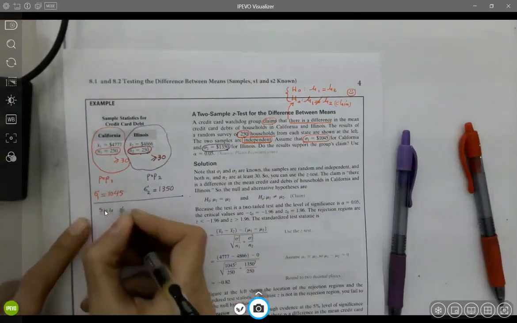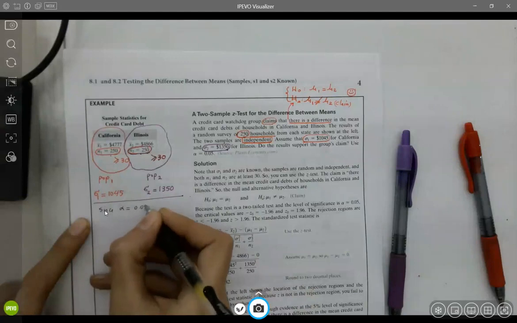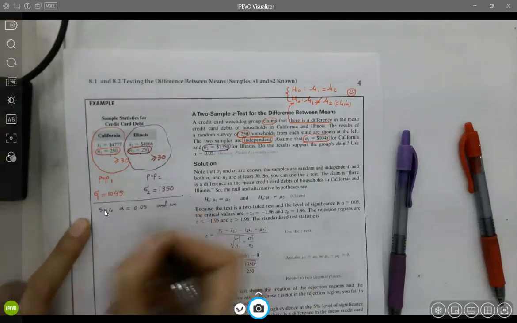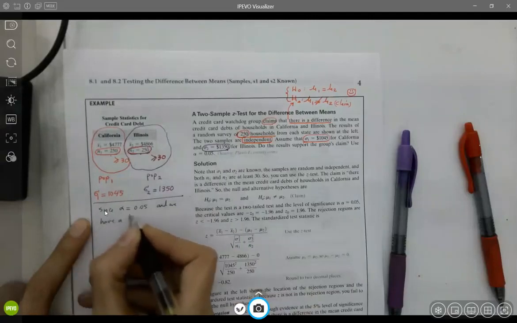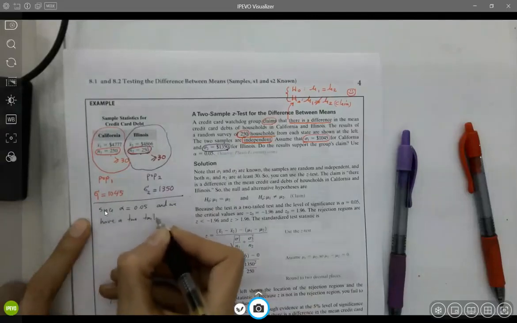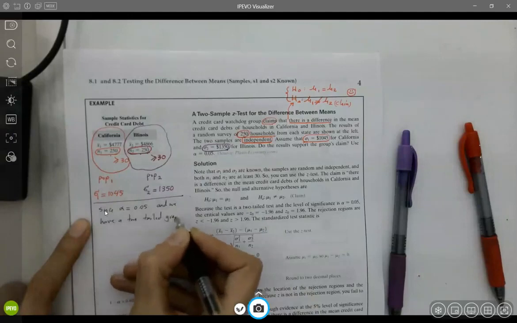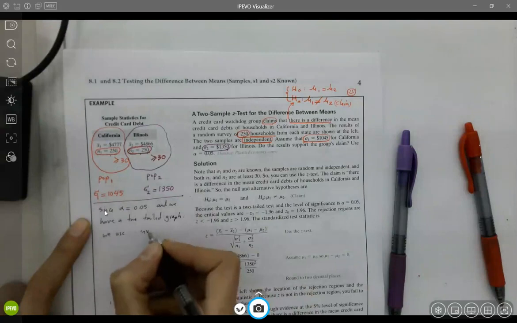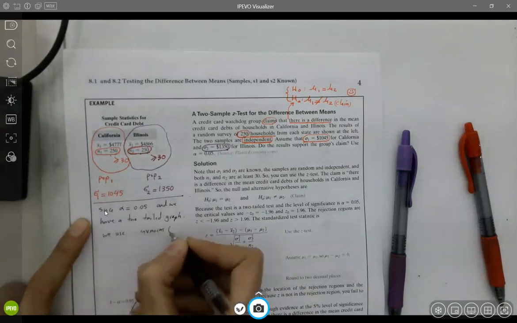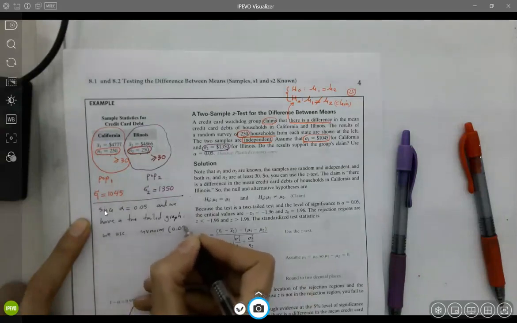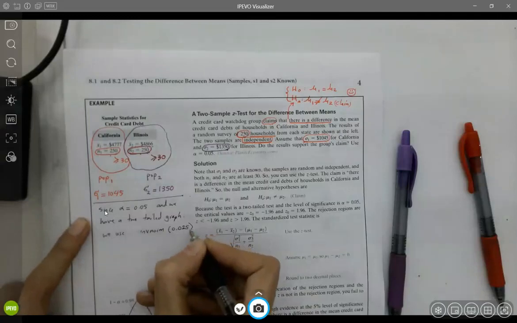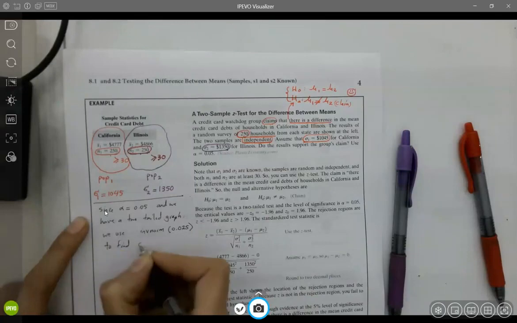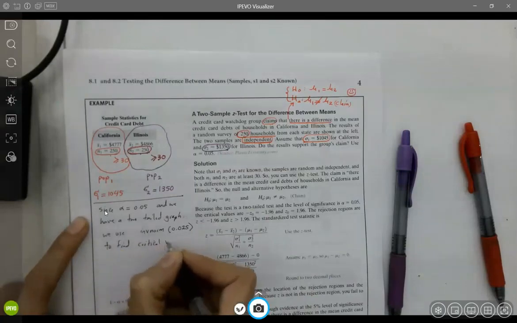Since alpha is 5% and we have a two-tailed graph, we use inverse norm of 0.025 to find the critical values.